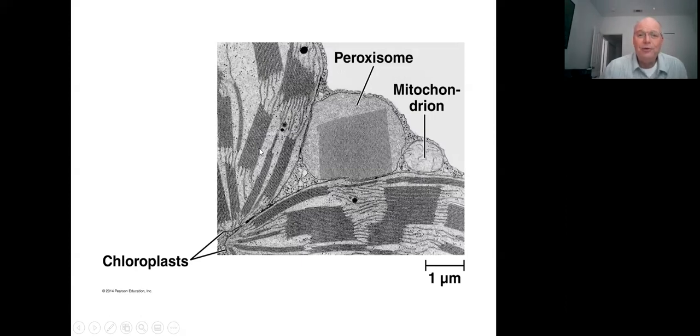And this transfer of materials from the chloroplast to the peroxisome to the mitochondria allows the plant to scavenge back some energy that would otherwise be lost because of this central defect in the process of photosynthesis. But more details on that when we do photosynthesis in chapter 10.